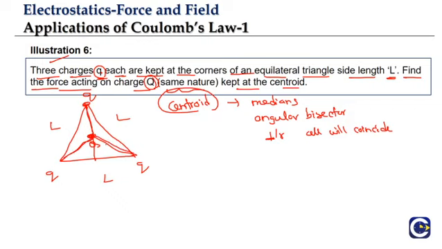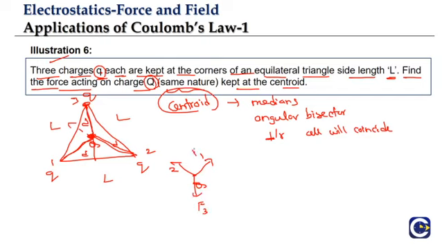since it is an equilateral triangle, all these distances will be the same. Let us say the distance is d, and since small q and capital Q are of the same nature, look at this, we have capital Q, and let's number the corners 1, 2, 3. The charge at corner 1 will repel it in this direction, charge at corner 2 will repel it in this direction, and the charge at corner 3 will repel it in this direction.